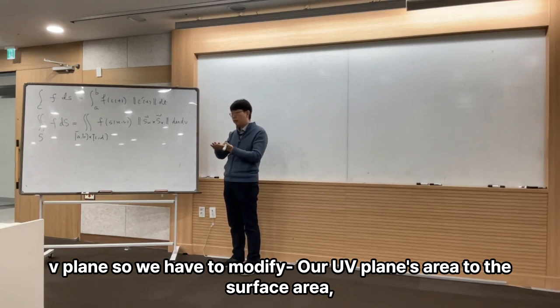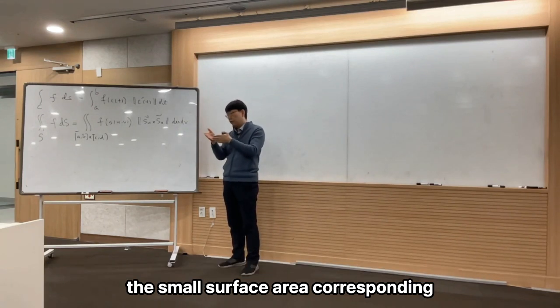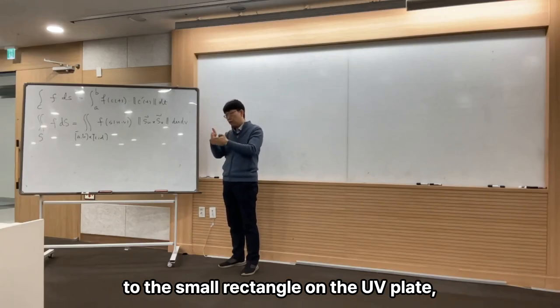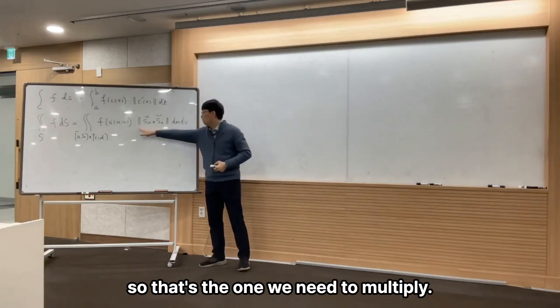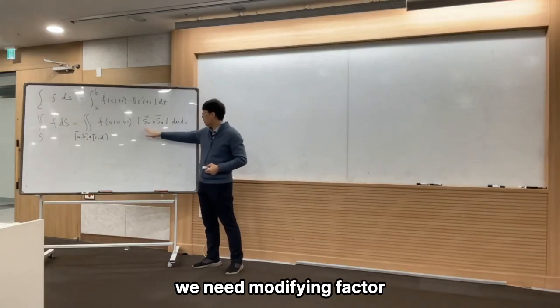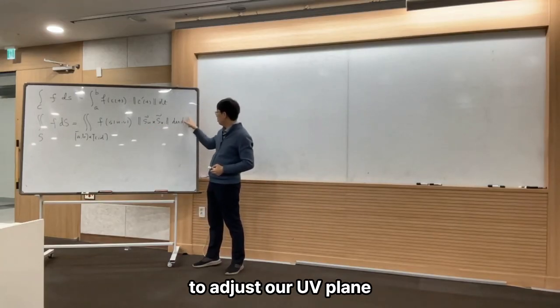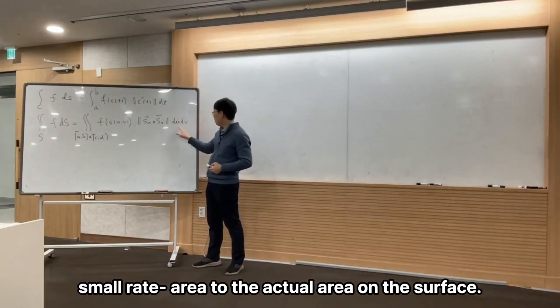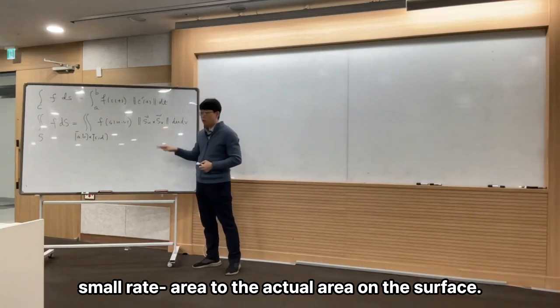So we have to modify our uv plane's area to the surface area, the small surface area corresponding to the small rectangle on the uv plane. So that's the one we need to multiply. We need a modifying factor to adjust our uv plane small area to the actual area on the surface.